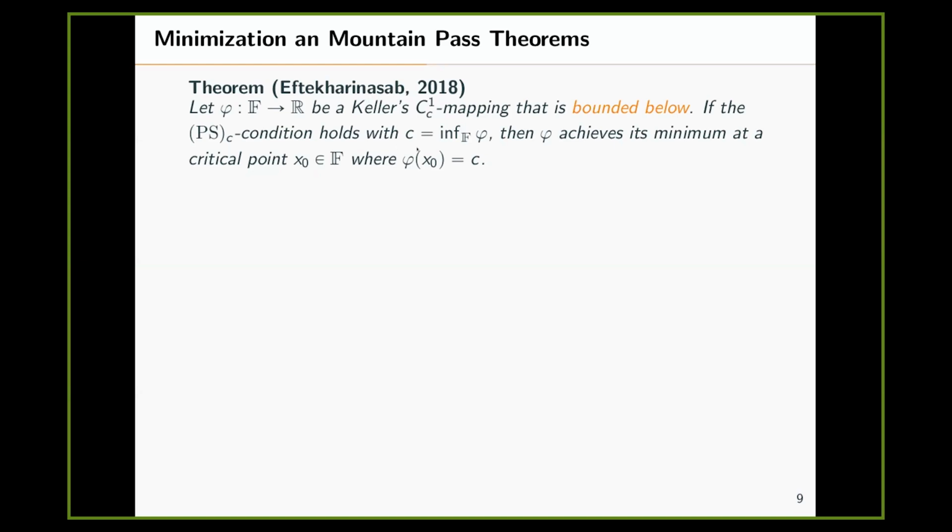The functional actually attains its minimum at this level c, which is the infimum, and this point will be the minimum point.